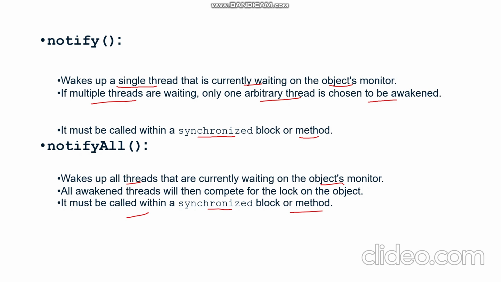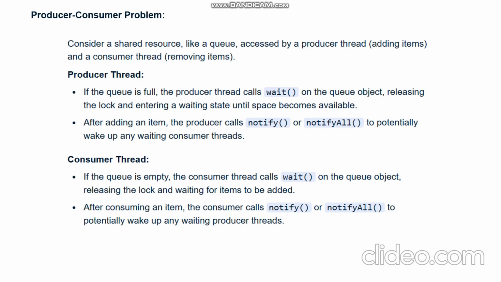The best example for inter-thread communication is the producer-consumer problem. This is a very important problem. Consider a shared resource like a queue accessed by a producer thread and a consumer thread. Here we are having a resource, a queue.